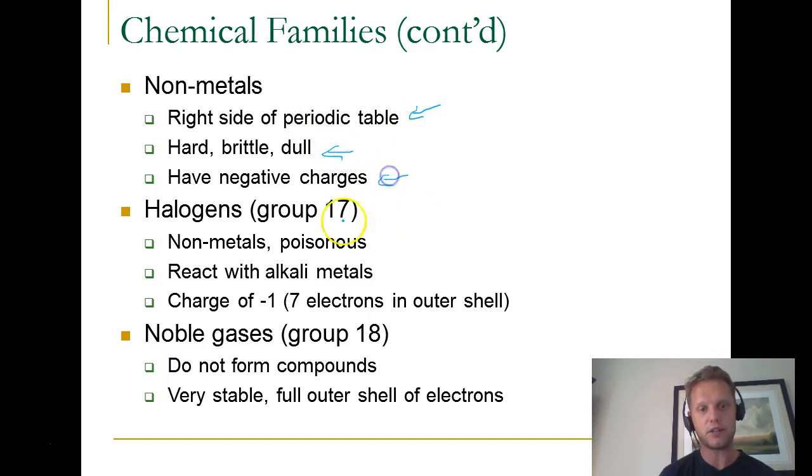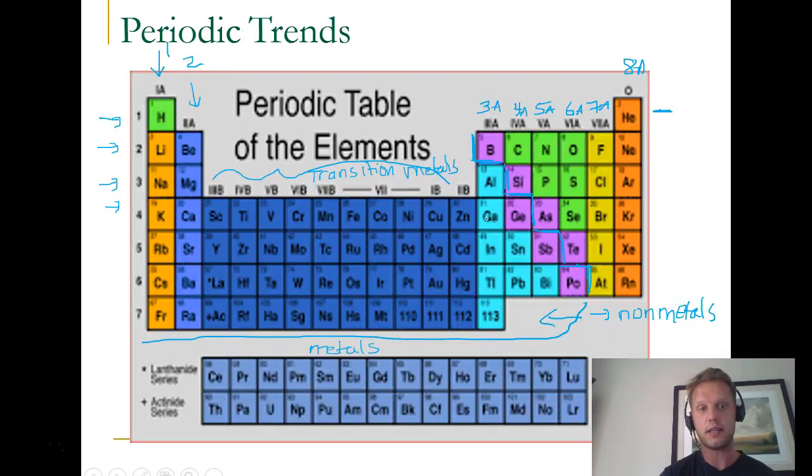They have negative charges. And I said group 17, but I'm going to call this group 7A, and we'll explain why. One thing that you'll notice is that they have 7 electrons in their outer shells. We're going to find out that they're poisonous. Halogens: fluorine, chlorine, bromine, iodine. They're all located in group 17, which is right here, group 7, or 17, 7A.